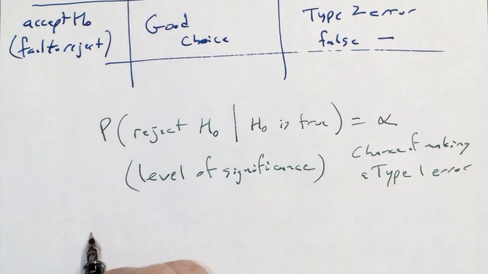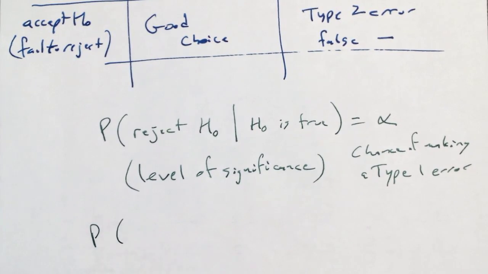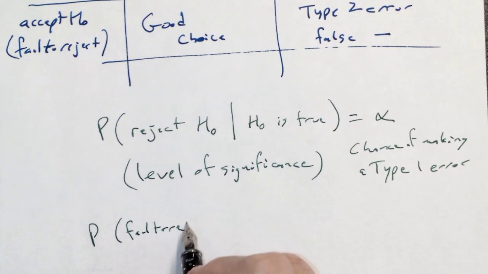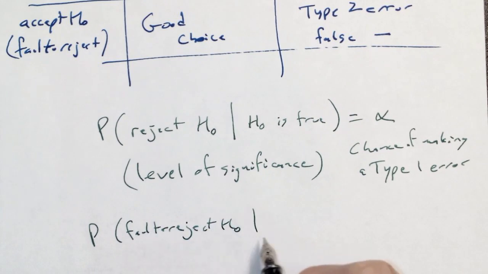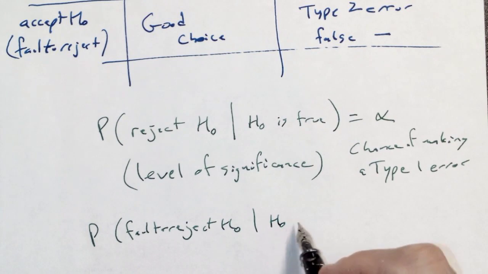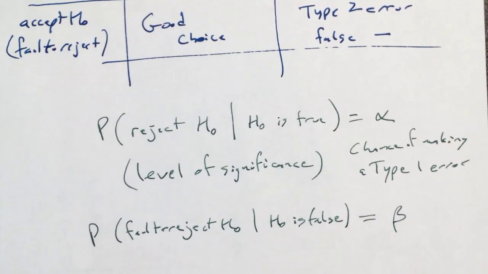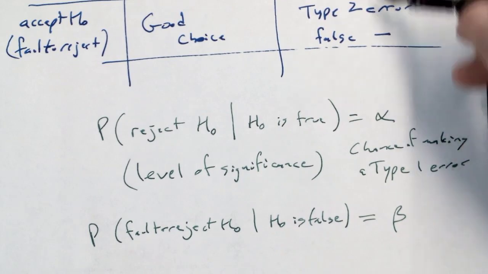I have another probability, the probability that I accept or fail to reject my null hypothesis when it's false. We'll call this beta. What's this? Because that would be this in this column.